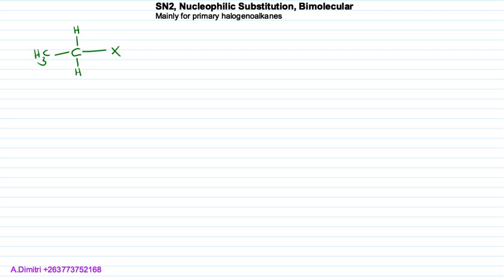As usual, this carbon is electron deficient and this one is more electronegative. We put a curly arrow, but the nucleophile hydroxide attacks from this end.